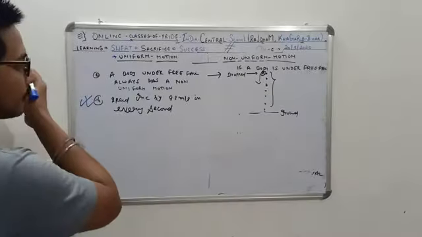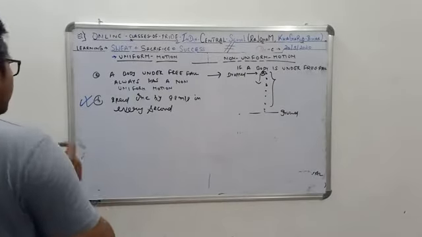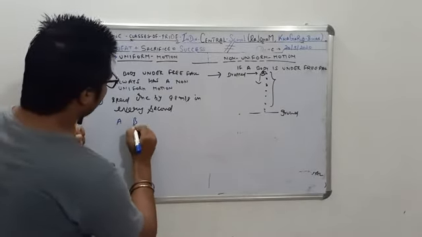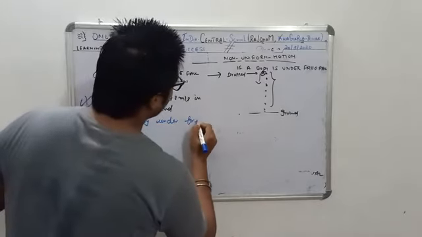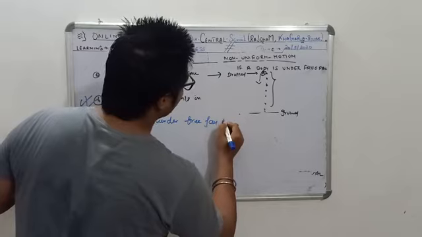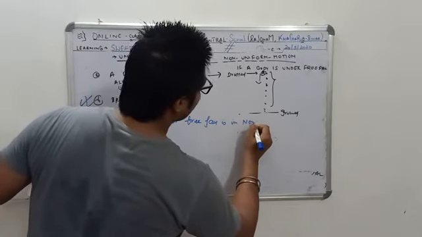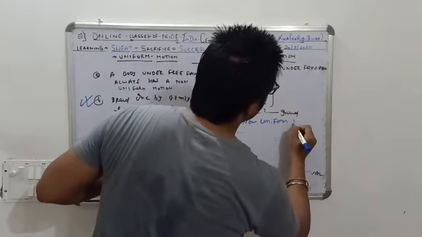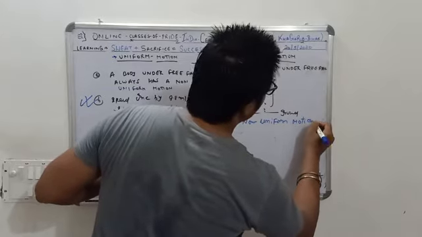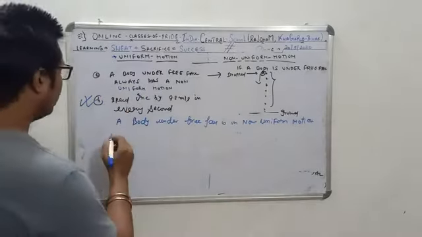That is, a body under free fall is always under non-uniform motion.